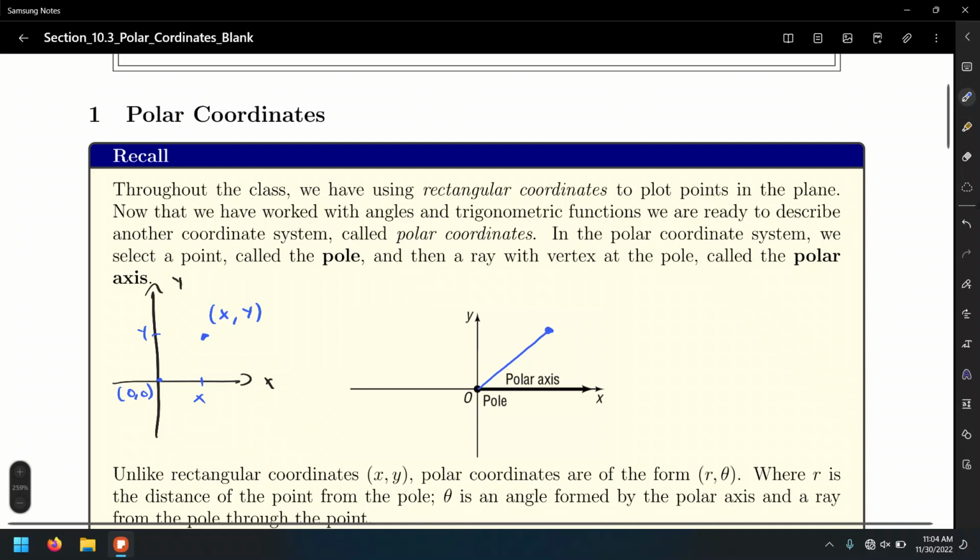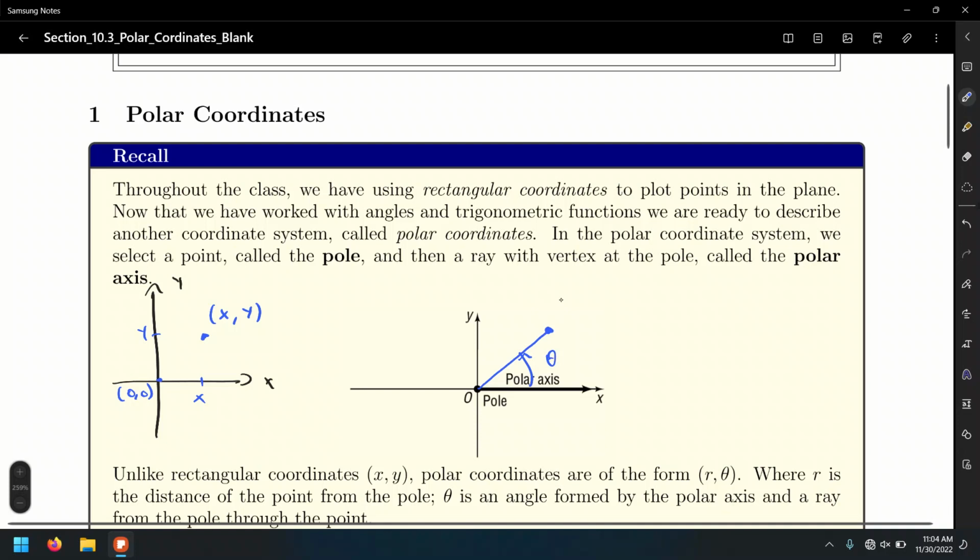So I'm going to stand at the pole here, and the way we're going to graph these points is to displace some units. That's going to be our radius, and just like a camera, pan in a way that you create an angle between the polar axis and the ray created by the point that is away from the pole. That's going to be called theta.